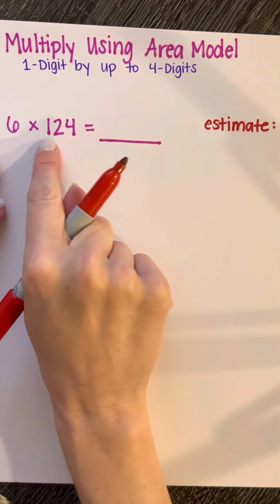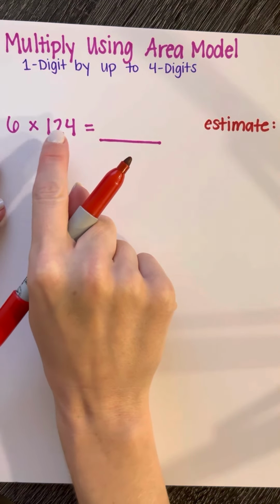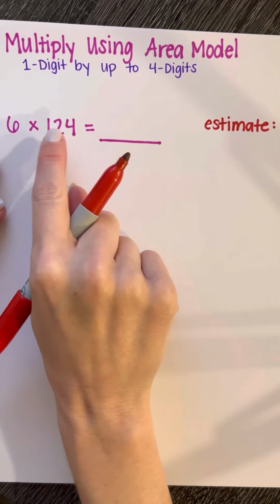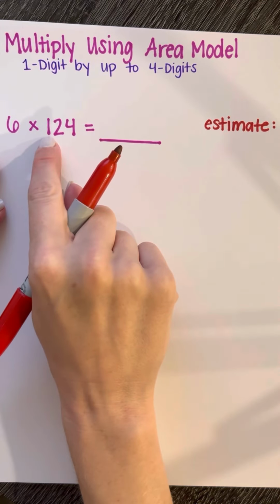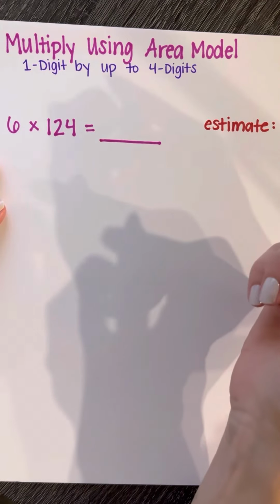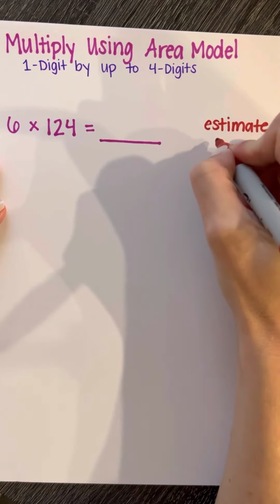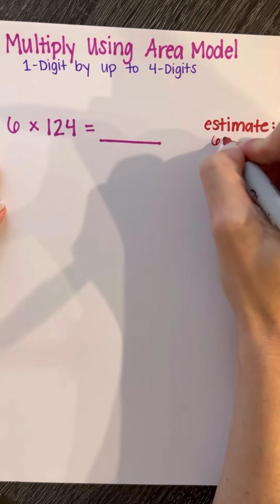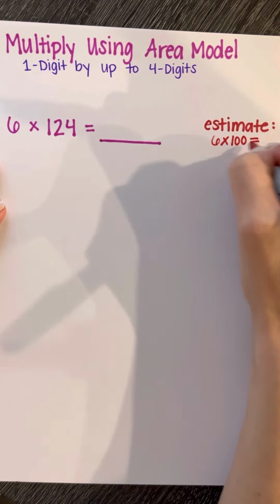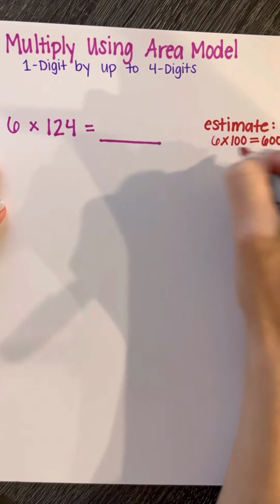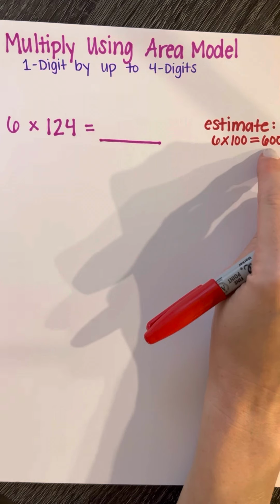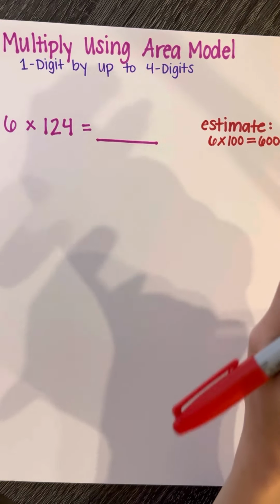So if we have 6 times 124, we're going to take 124 and round it to the greatest place value. In this case, that's the hundreds place. So 124 is going to round to 100. So our estimate that we'll use is 6 times 100, which is 600. So we already know that our answer should be relatively close to 600.